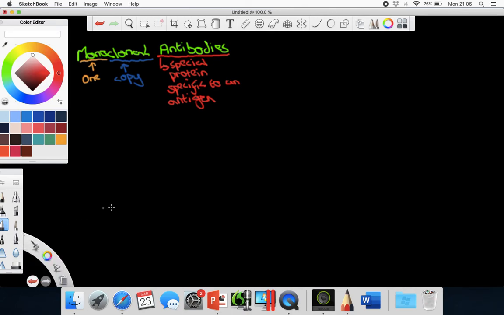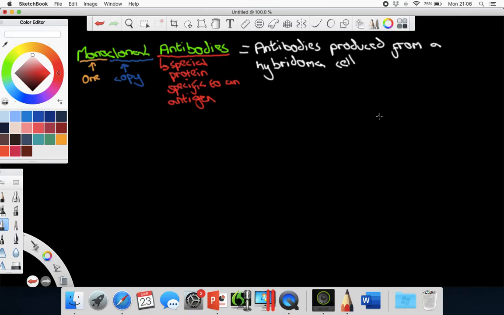So we can define monoclonal antibodies as antibodies produced from a lymphocyte or from a hybridoma, which we'll talk about in a moment, from a hybridoma cell, that are specific to an antigen.